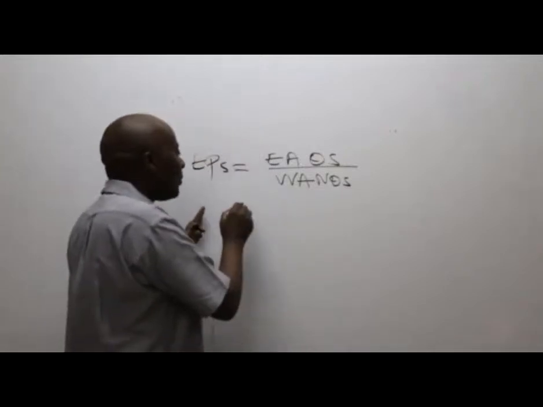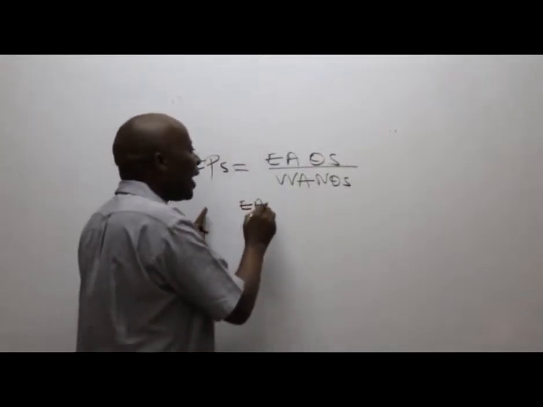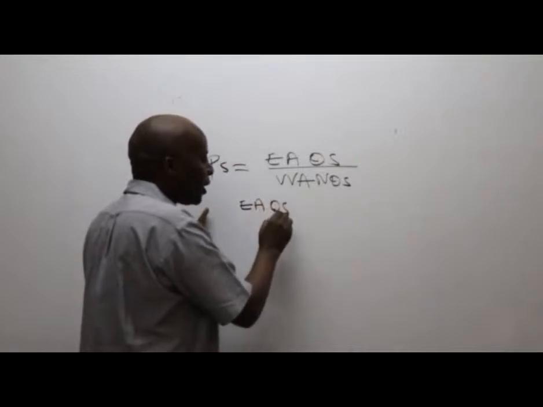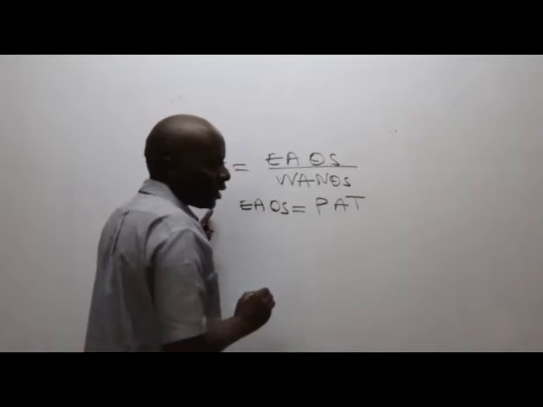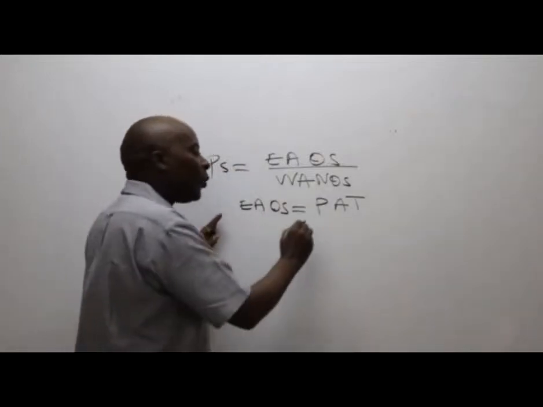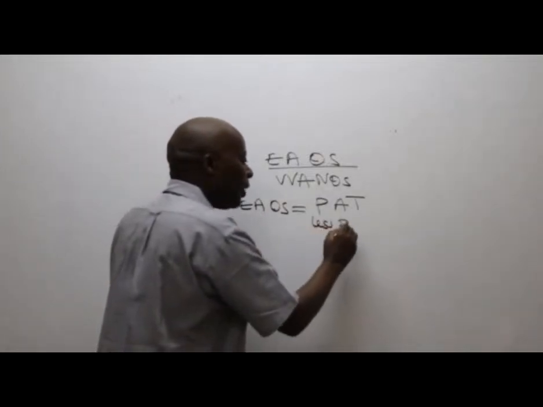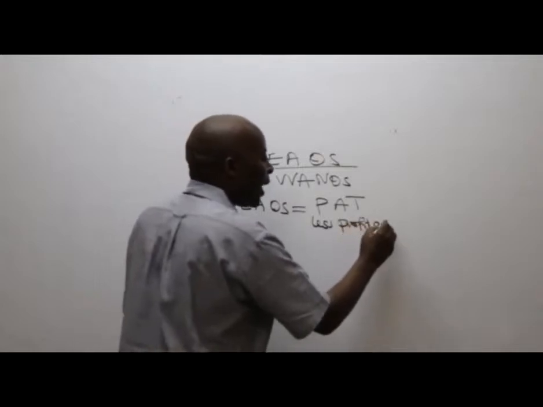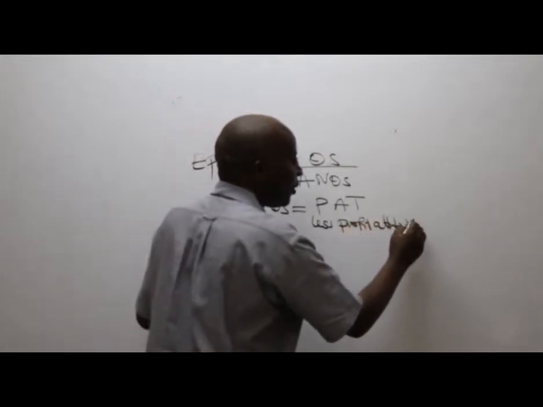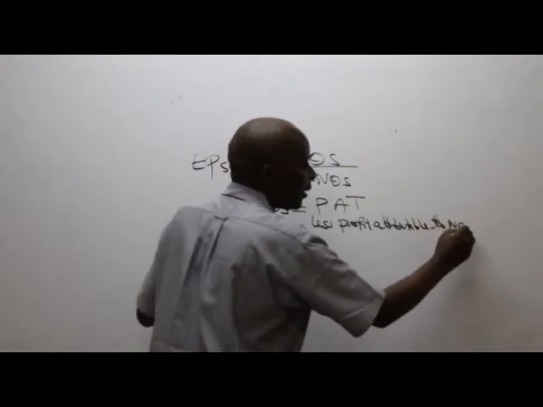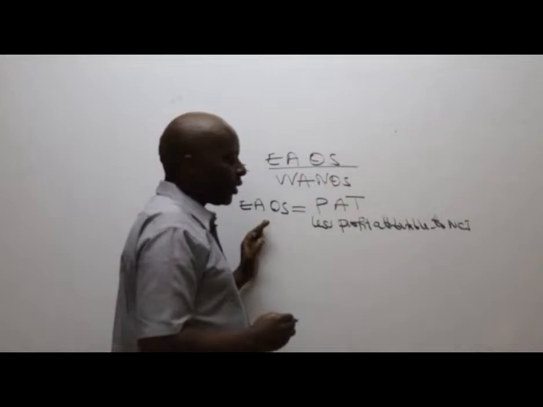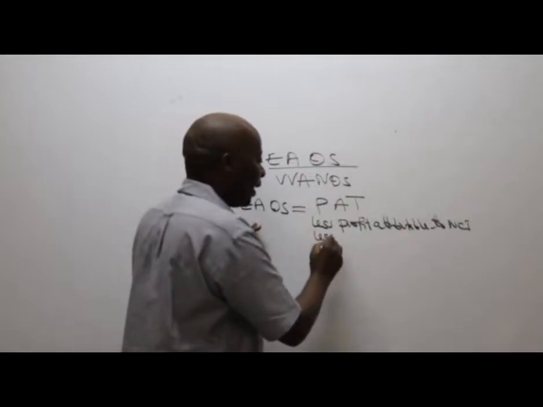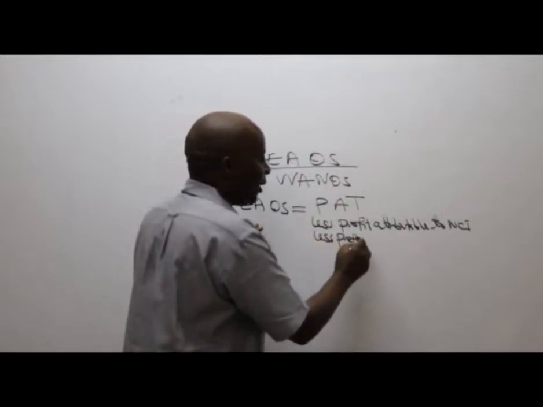So please come here. How do we get our earnings attributable to ordinary shareholders? This is very easy. We normally take profit after tax, and then we less profit attributable to NCI, and then of course less preference dividends.